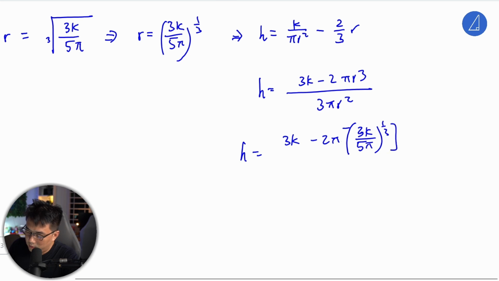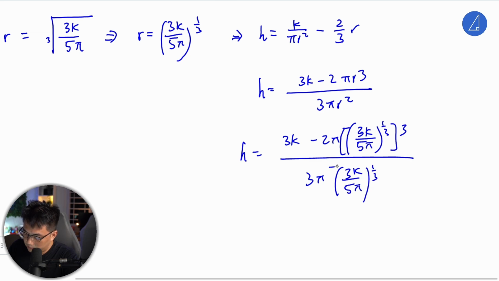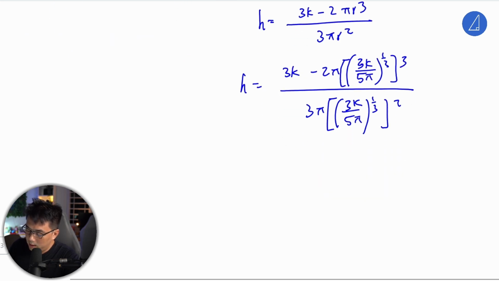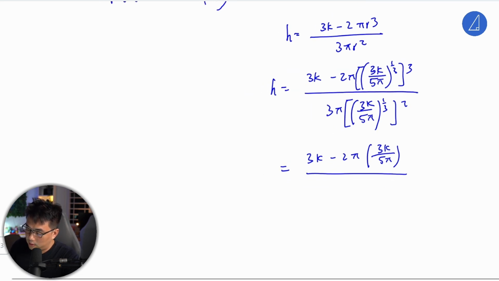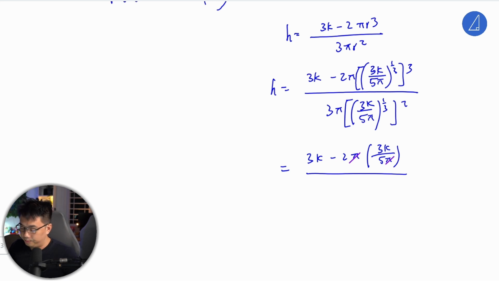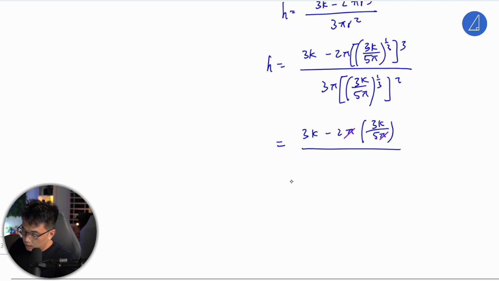The 1/3 power 3 will just be itself, and the denominator will be 3 pi times 3k over 5 pi to the 1/3 squared. So what we get is 3k minus 2 pi times 3k over 5 pi. After which, what we need is cancel this off. Yeah, I think this is much easier.